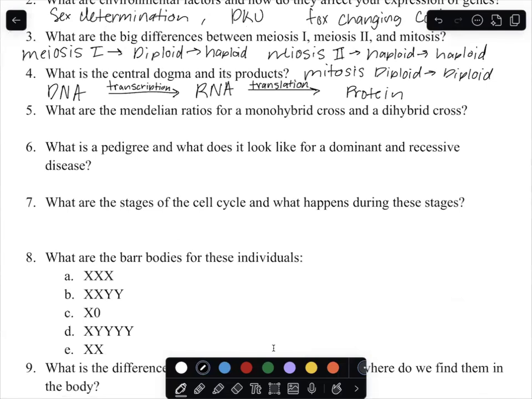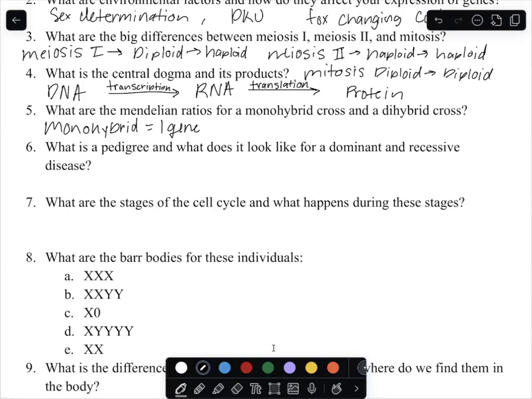What are the Mendelian ratios for a monohybrid cross and a dihybrid cross? So monohybrid is one gene. And remember, we have phenotypic and genotypic ratios.